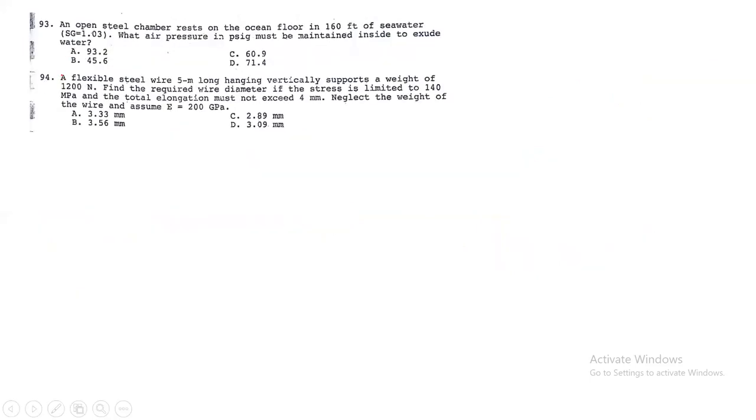So next, 93. An open steel chamber rests on the ocean floor in 160 feet of seawater, where SG is 1.03. What air pressure in PSIG must be maintained inside to exclude water? So paano itong 93, guys? So syempre, nahanap lang natin dito is pressure. So dito, pressure is equals to specific weight times height.